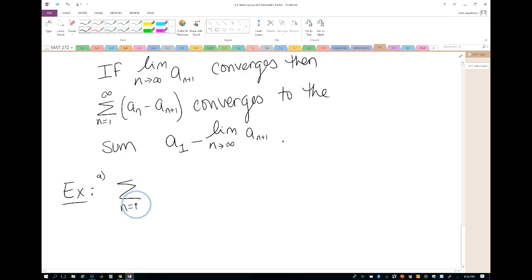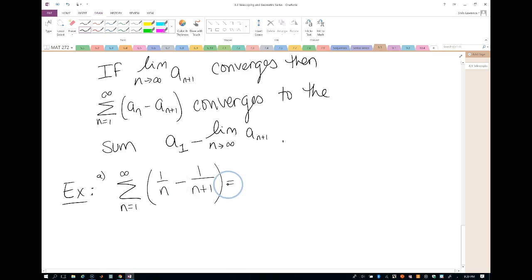For the first one, we're going to have the sum from 1 to infinity of 1 over n minus 1 over n plus 1. This is a classic telescoping series because it's got two terms inside, and the second part is really just the extension of the first part, what the first part's going to turn into in the next term.